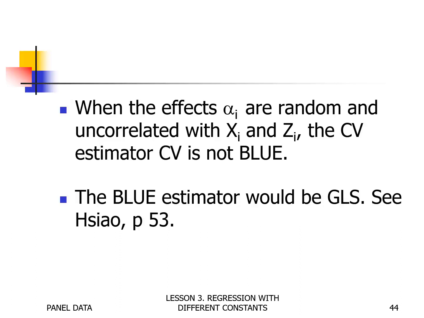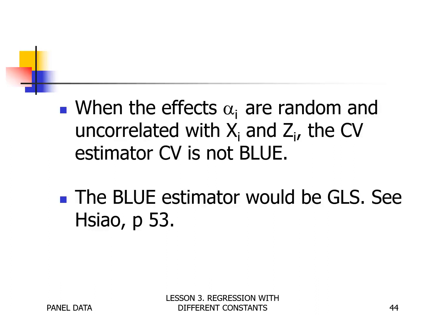And another idea here is, again, the same when the effects alpha sub i are random. So when we are dealing with a random effects model and uncorrelated with x's and z's, then the covariance estimator is not BLUE. It would be better to estimate using generalized least squares.